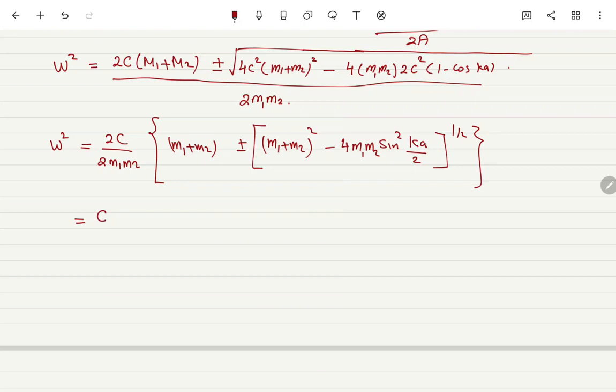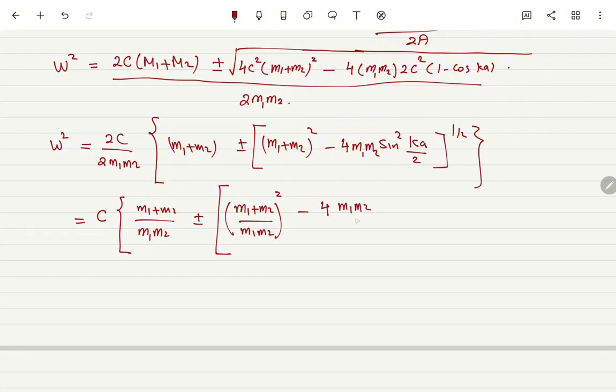Or c times (m1 plus m2) over m1 m2 plus or minus ((m1 plus m2) over m1 m2) square minus 4 over (m1 m2) sine square ka over 2, to the power half, and let's simplify it more.